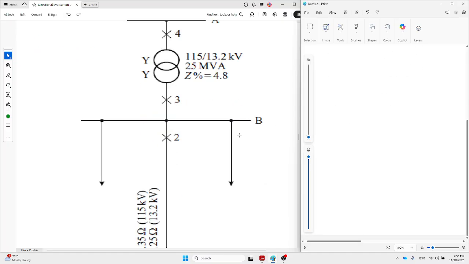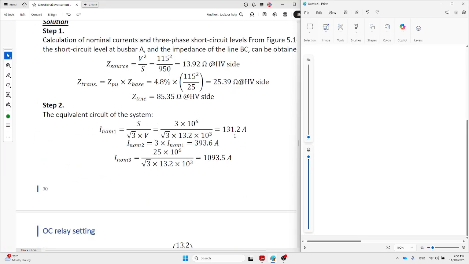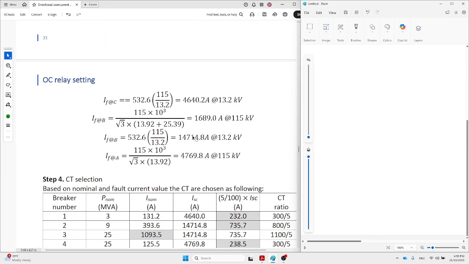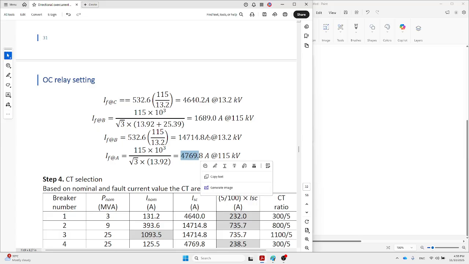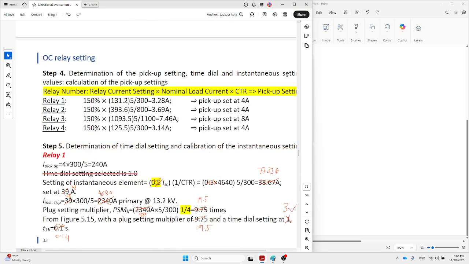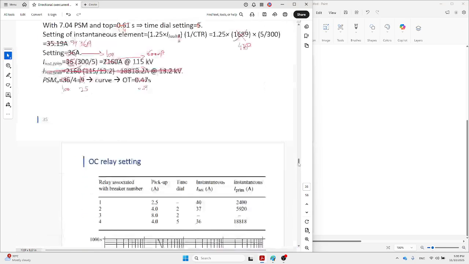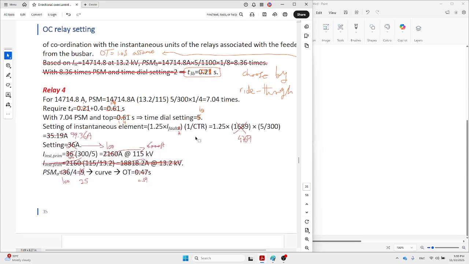So the fault current at this point is equal, where did I find it? I think this one, 4769. Yes, 4769 at 115. So let's replace 4769 with 1.25. So this is the OPF for this one, meaning the safety. This is what we call the fault current, and this is the CT ratio.